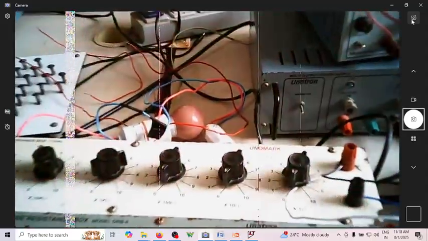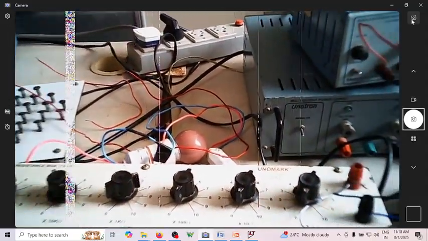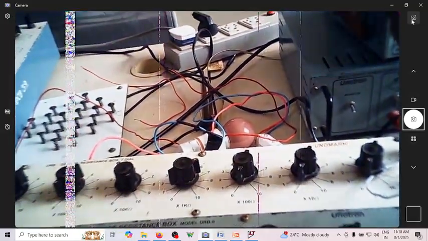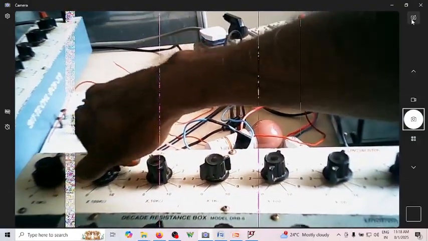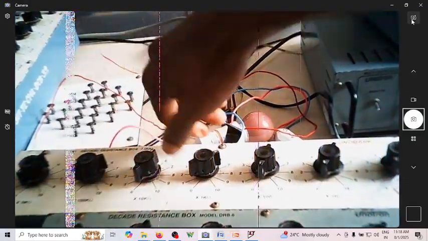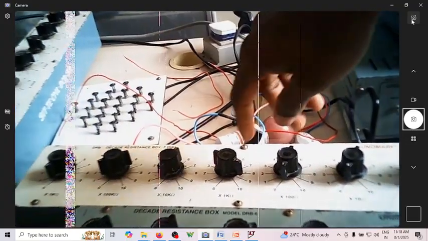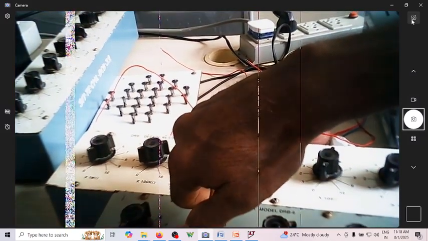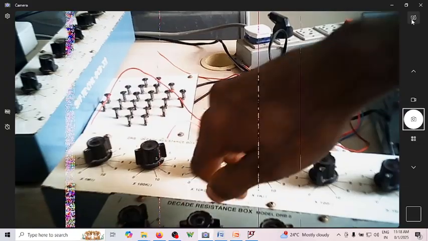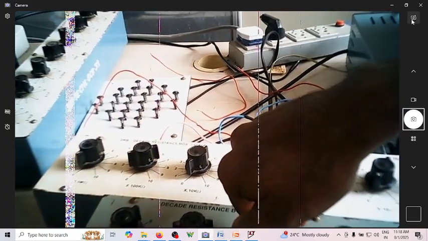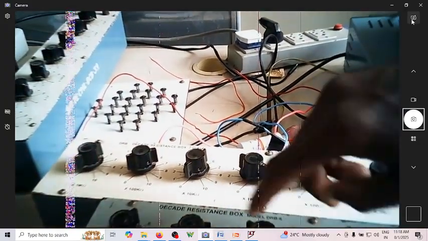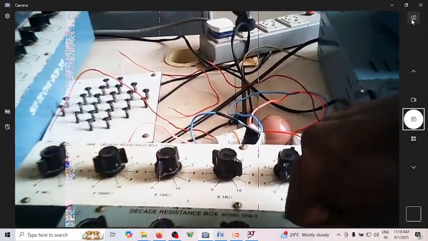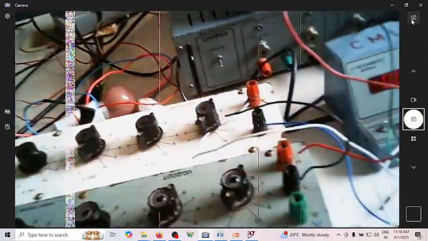Let me set the value of resistance to 169k, and for the time being let us switch this off. This should be 29k. This is 1020, this is 89, this is 129. So this is 29. Okay, 29.3 is there.